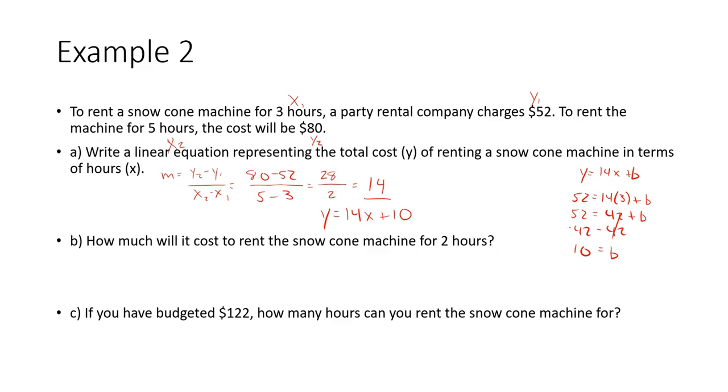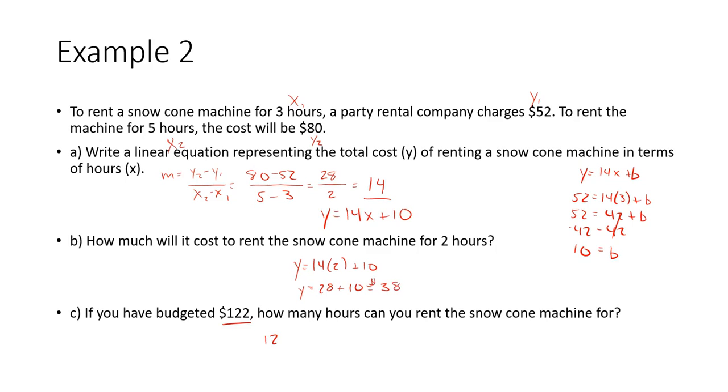How much will it cost to rent the snow cone machine for 2 hours? Well, again, we can just plug in 2. And we find that it's going to cost $38 to rent it for 2 hours. And if we have $122, how many hours can we rent it for?